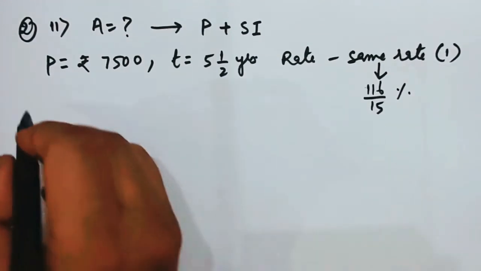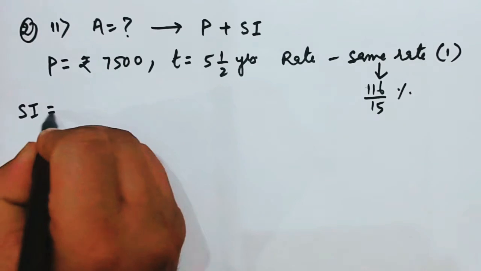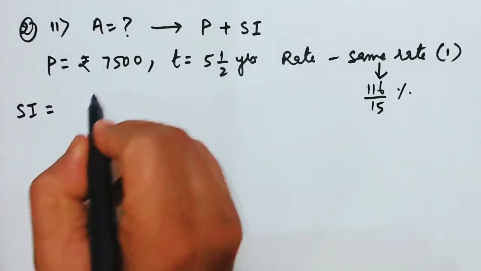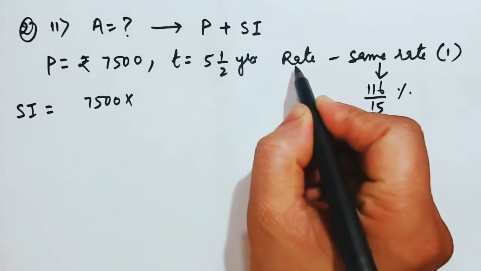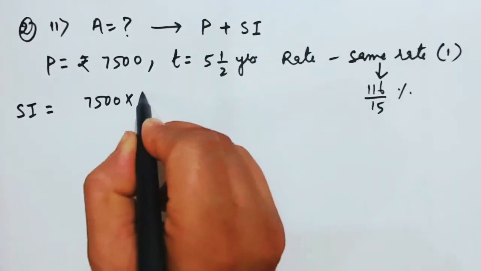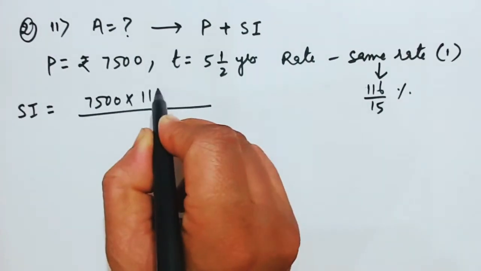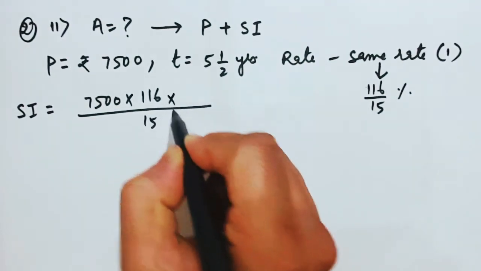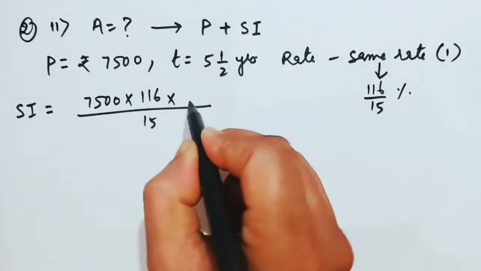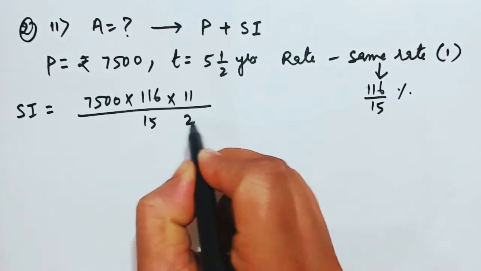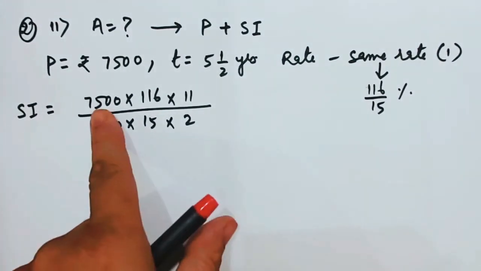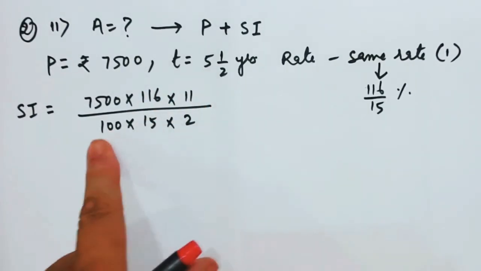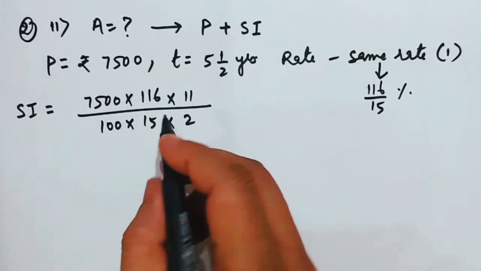Clear? Now, how to find out the simple interest? It is equal to PRT by 100. So my dear, P is 7500. Rate is 116 by 15. T is 11 by 2, divided by 100. Now let's solve.